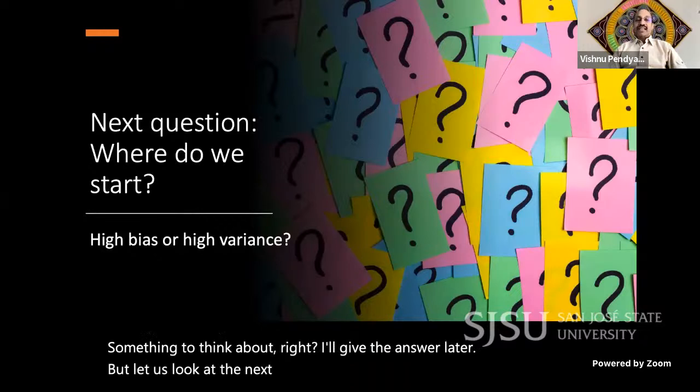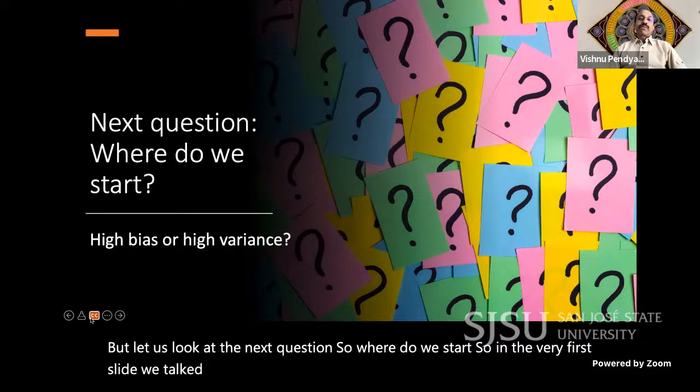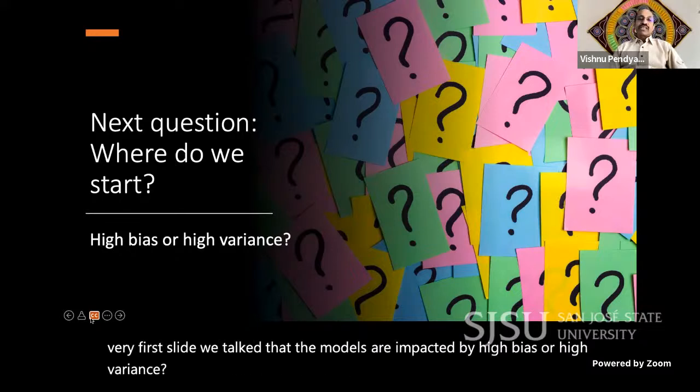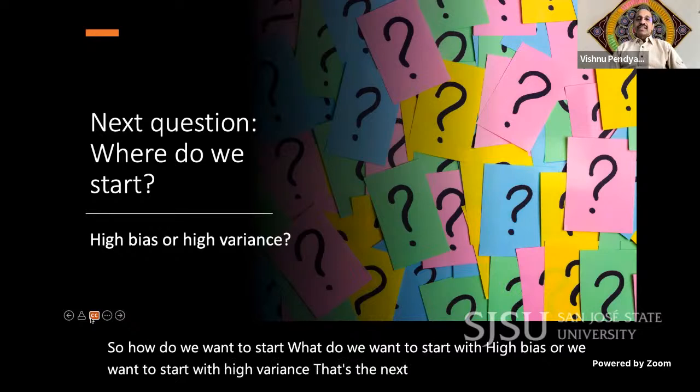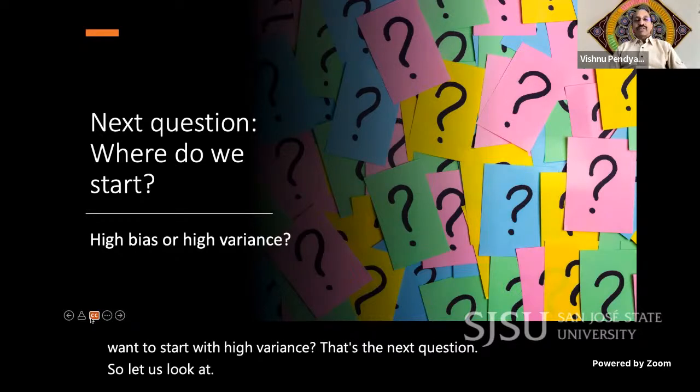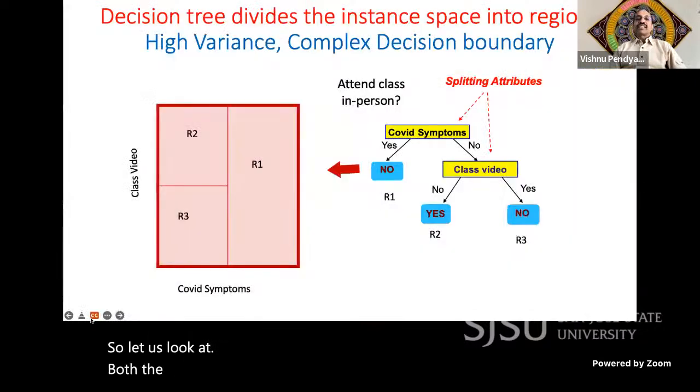So where do we start? Like in the very first slide, we talked that the models are impacted by high bias or high variance. So how do we want to start? Do we want to start with high bias or with high variance? That's the next question. Let us look at both ways. Let us start with decision trees first. What happens in decision trees?